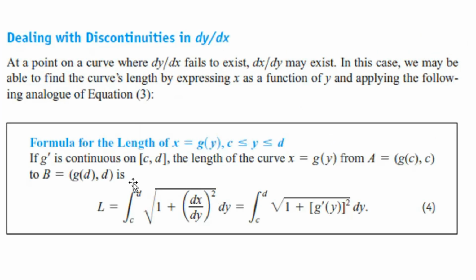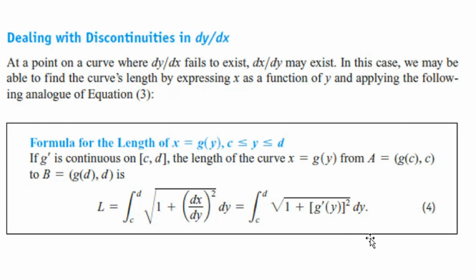Now we have the formula for the length of x equals g of y, where y is greater than or equal to c and less than or equal to d. If g prime is continuous on the interval c to d, the length of the curve x equals g of y, from a equals g of c, c to b equals g of d, d, is the integral of the square root of 1 plus the square of dx over dy, dy, from c to d.